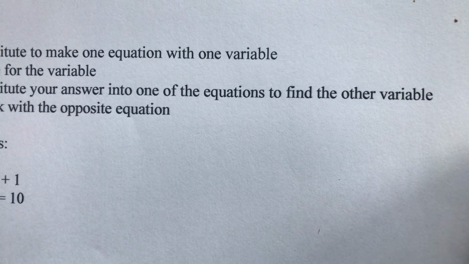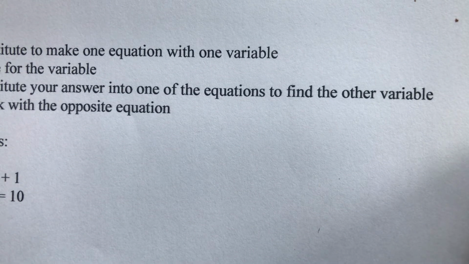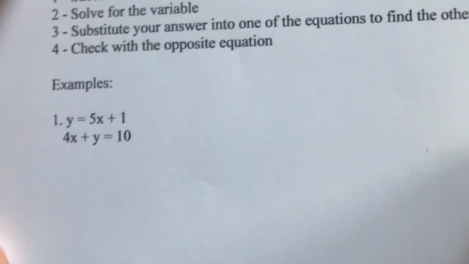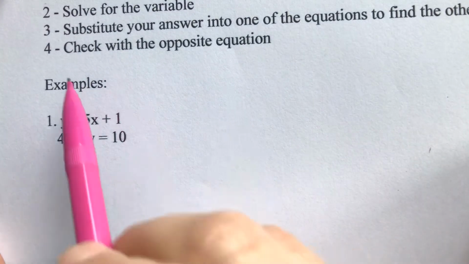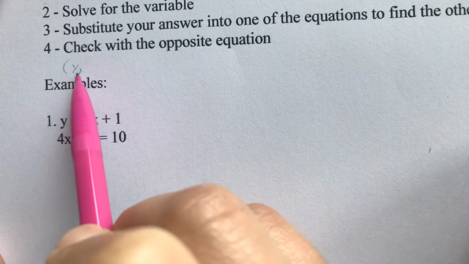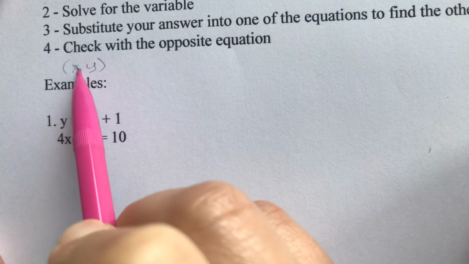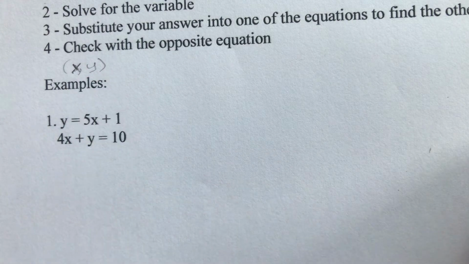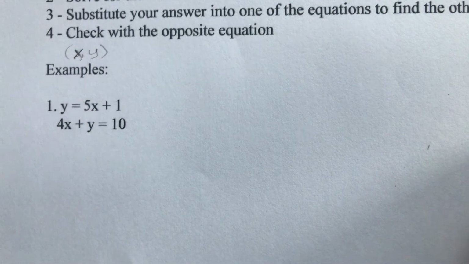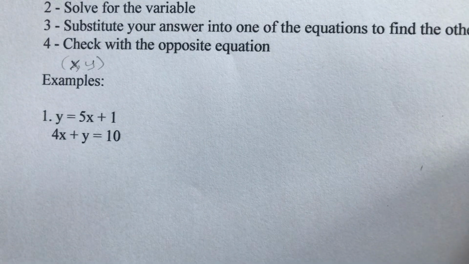In the end, we do have to find both. Remember, when solving a system, we're finding a coordinate. Once we move away from graphing, we forget that our goal is to find an xy coordinate. Then we check our work using the opposite equation. This work can get a little long.